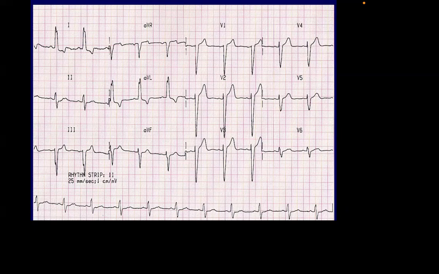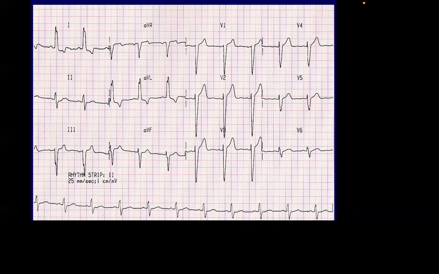You have to differentiate between the typical right bundle branch block and the atypical right bundle branch block. Because in arrhythmias, particularly in SVT with aberrant conduction, what you see is atypical RBBB. You will not find the typical. There are some changes, and this will guide you to diagnose SVT with aberrant conduction.